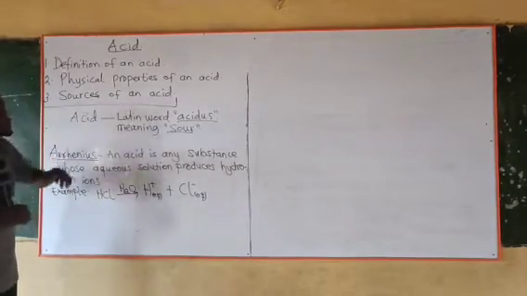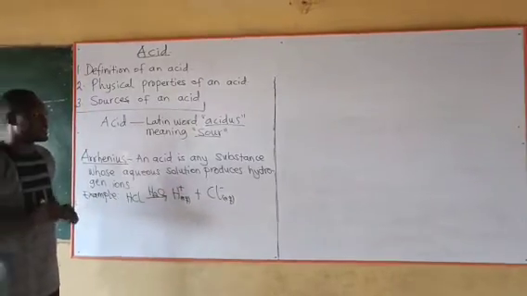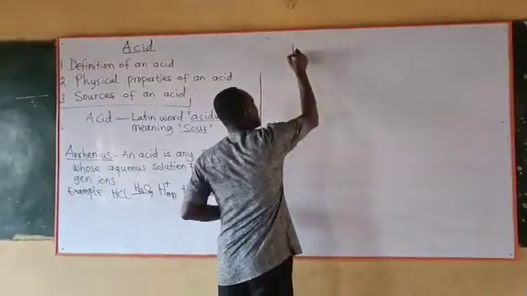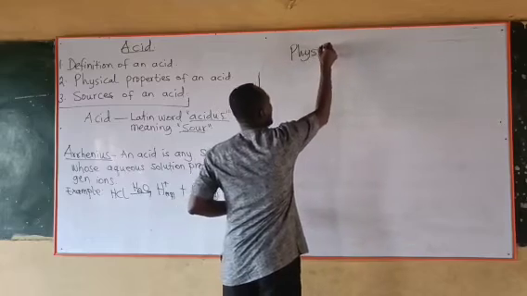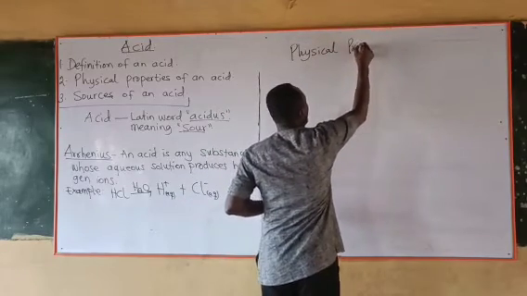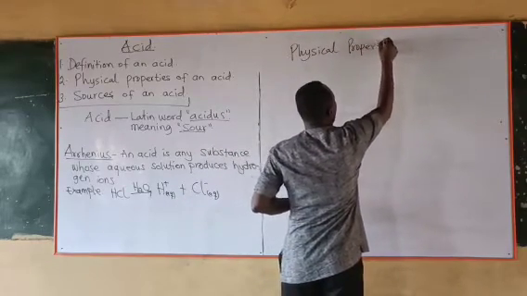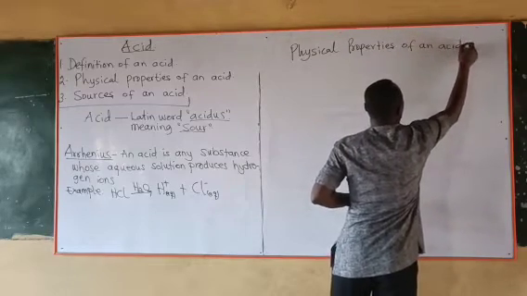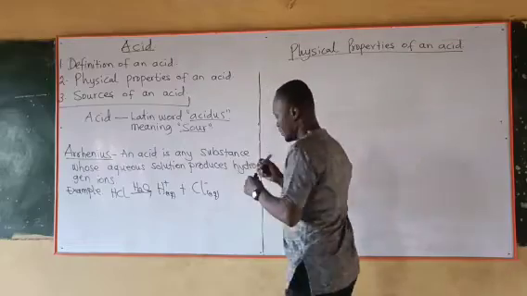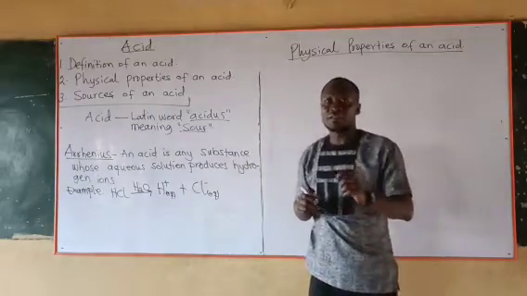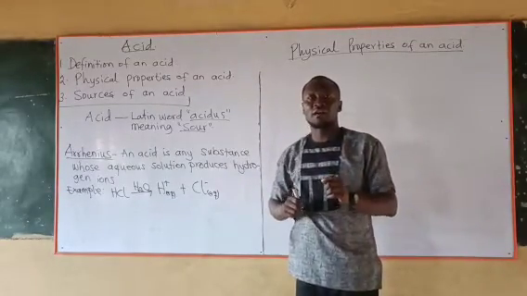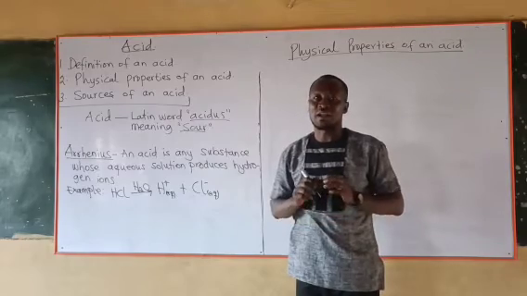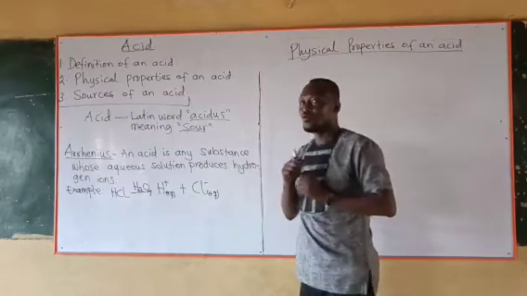Now let's talk about the physical properties of an acid. Now the 3 physical properties of an acid are: 1.